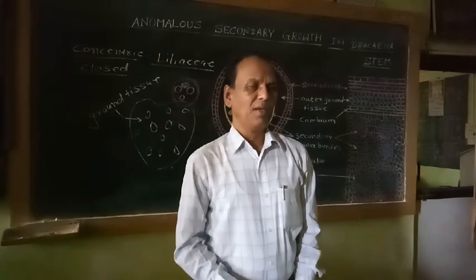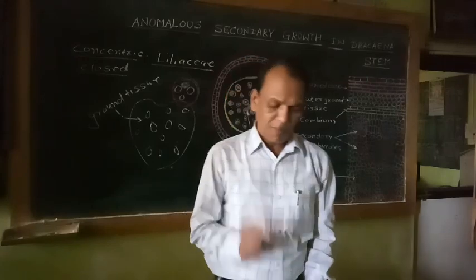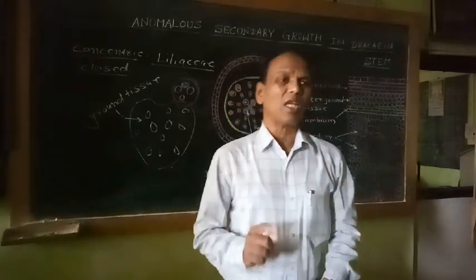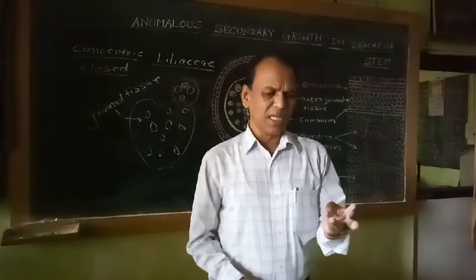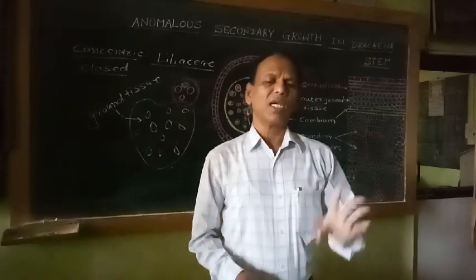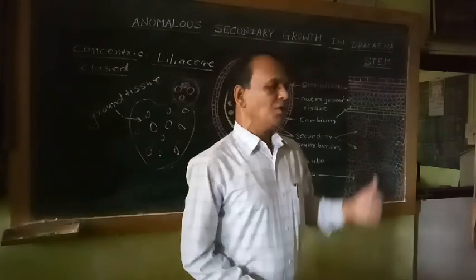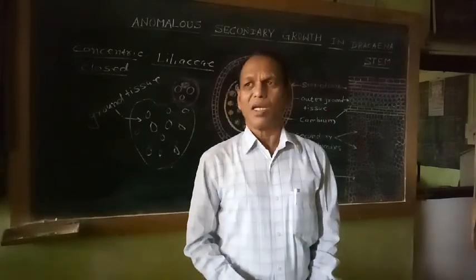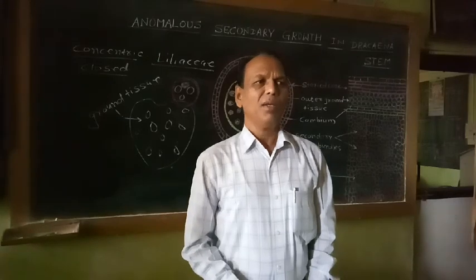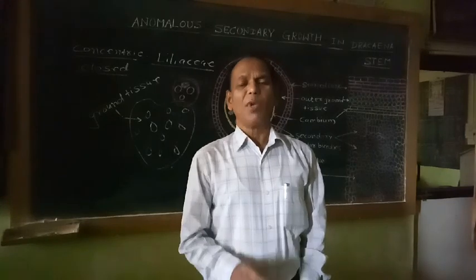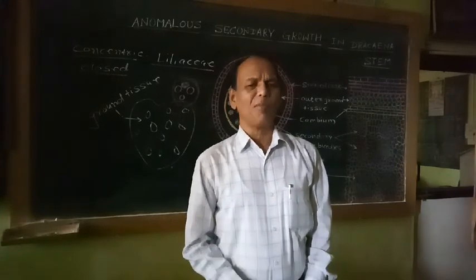Second abnormality: cambium produces three types of cells instead of two types of cells, in the form of secondary xylem, secondary phloem, and secondary parenchyma. This is the second abnormality. Third abnormality shown by this abnormal secondary growth in Dracaena: development of cork is without development of cork cambium. This is the next abnormality.